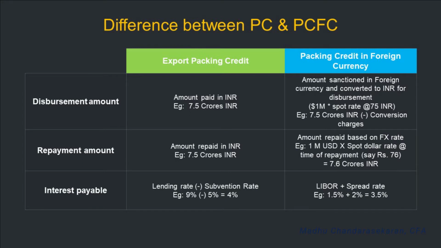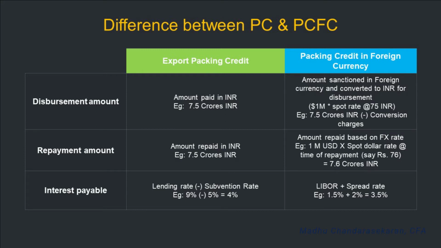So the approval, let's say, is $1 million. They will convert it at 75 rupees times the million and issue 7.5 crores worth of Indian rupees. Whereas in EPC, you would get 7.5 crores directly.